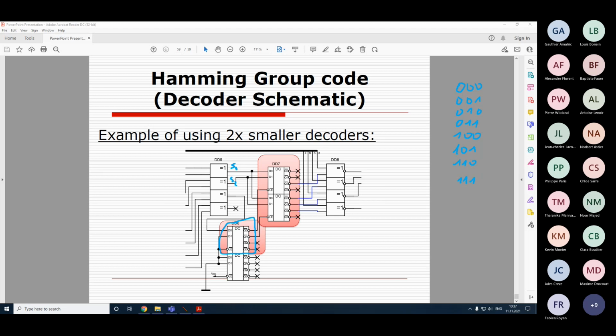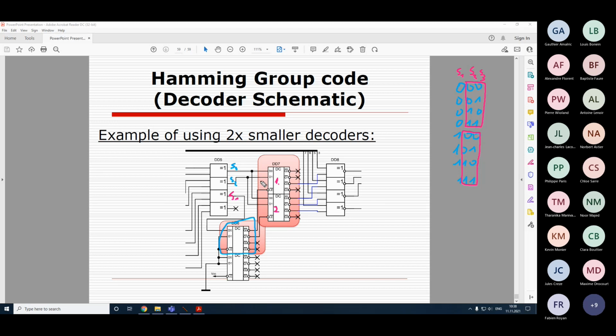So this is S2, this is S3, and this is S1. You can see that in these two halves, we have exactly the same content, let us say so. All the difference is this S1. Accordingly, this S1 turns on either the first decoder or the second decoder.